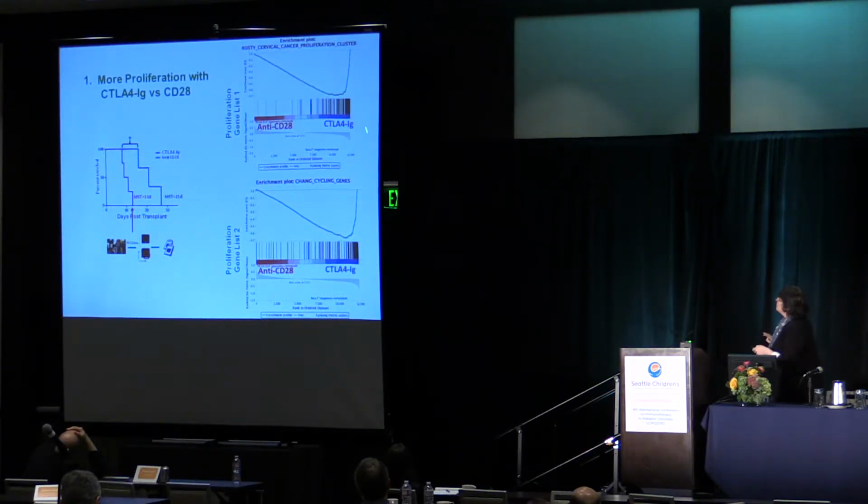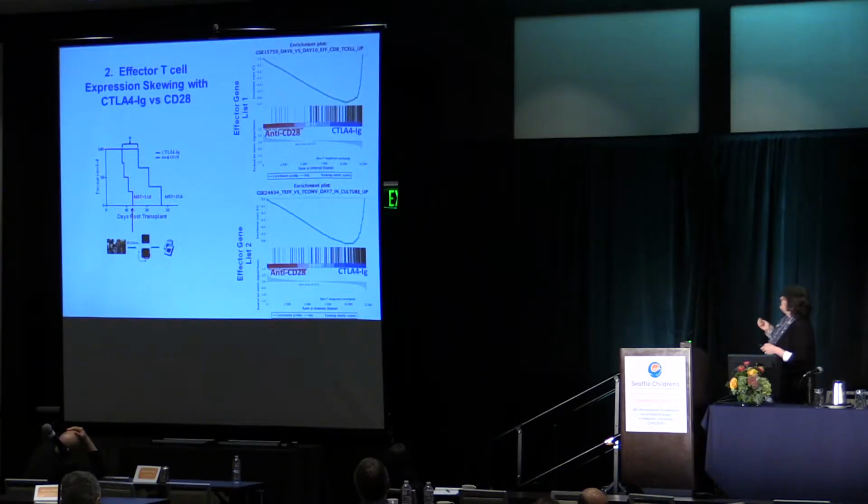First, the animals that were treated with CTLA-4 Ig as monotherapy are much more proliferative. I've shown you just two proliferation gene sets, and we really see a nice signal for that, suggesting that when you also target that negative pathway, you get breakthrough proliferation. In addition, the T cells from those animals are skewed towards effector T cell genes.